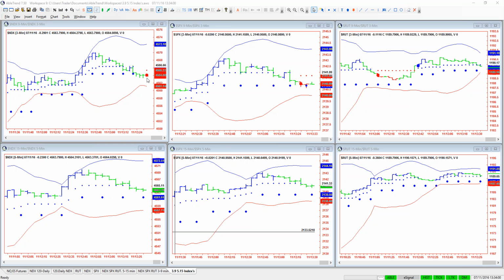Now, if we shift over to SPX and you look at the 3-9, the 3-9 printed a sell signal on SPX. And it's the same discussion that we just had. You want to be a little suspect about that because on the next 3-9 minute bar, we printed 9-minute support again. So 9-minute support printed, you want to be careful in that area. And right now the bars turned green again and started to track back higher.